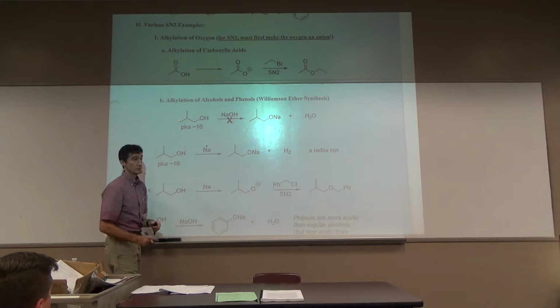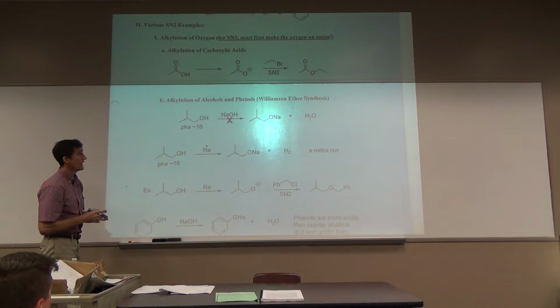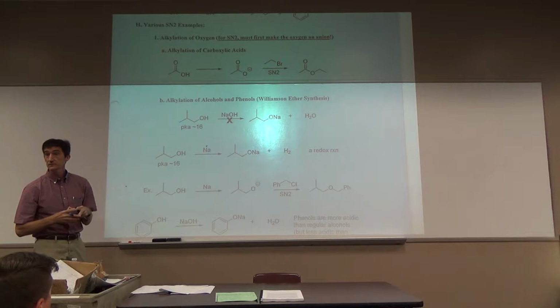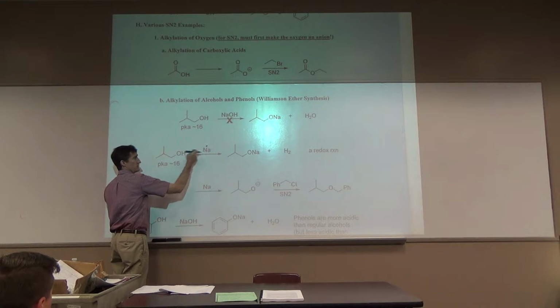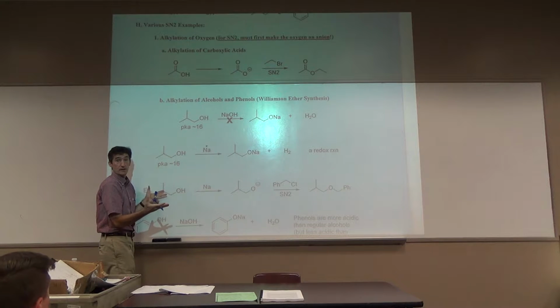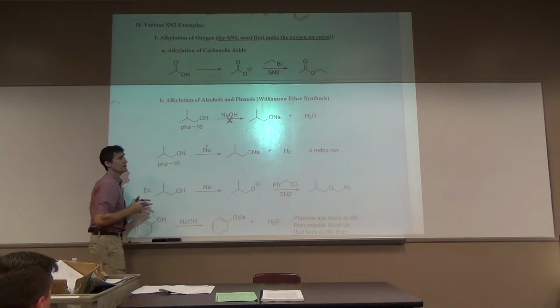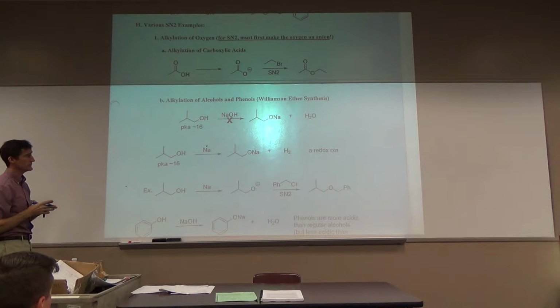Now, this is a redox reaction. Redox reactions are often radical reactions. It's not an acid-base mechanism where we take the H, because if this took the H, you'd make NaH. But we're not doing that traditional acid-base chemistry. This is redox.